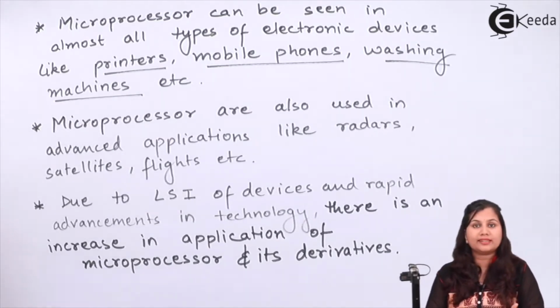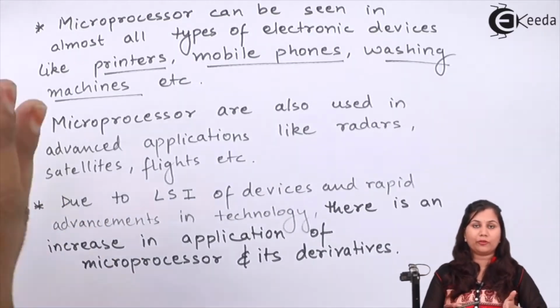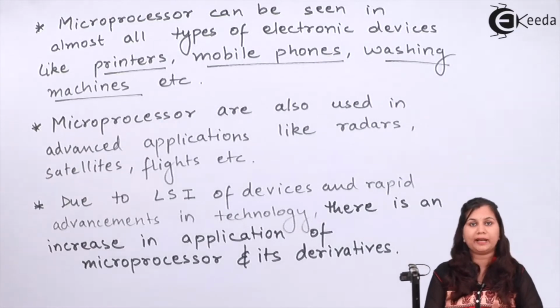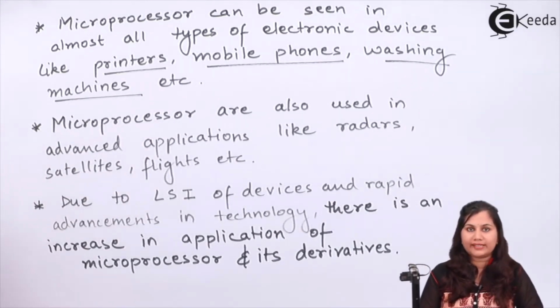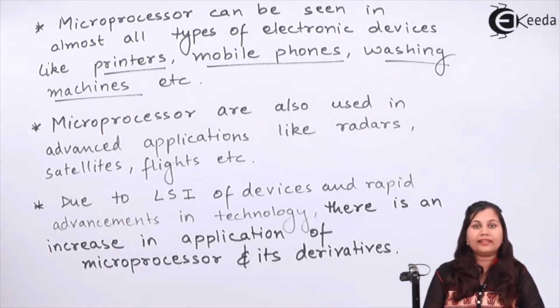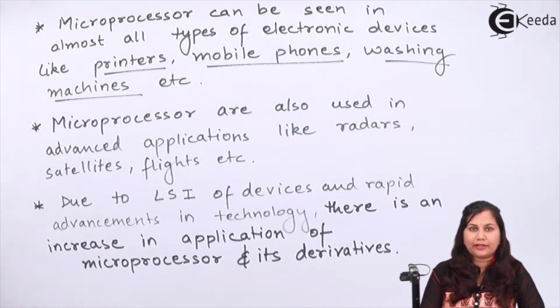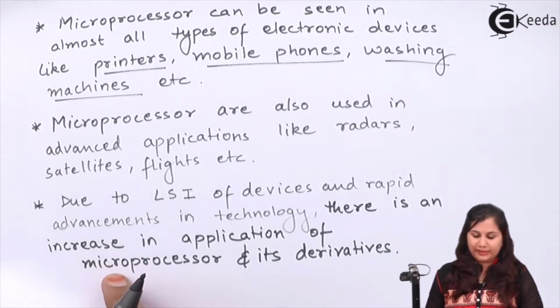So the size of the microprocessor is decreasing day by day, and its applications are increasing. All microprocessors and their derivatives are increasing in their applications. So these were the applications of the microprocessor.